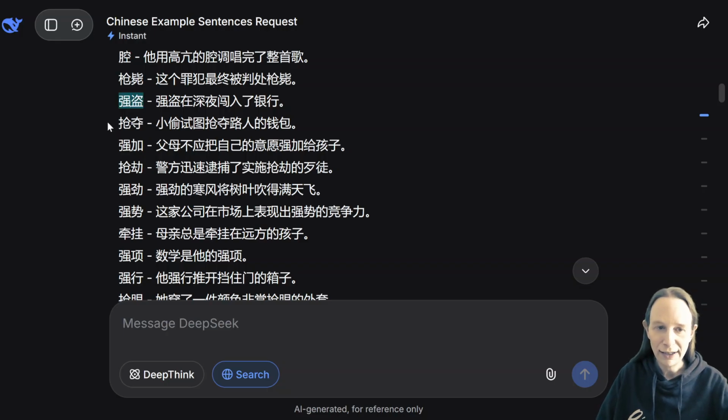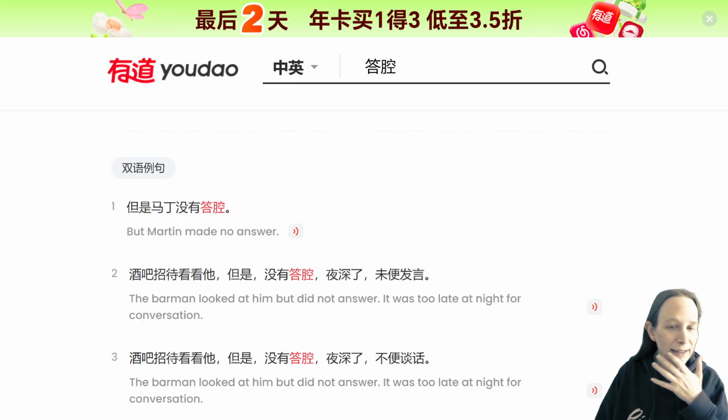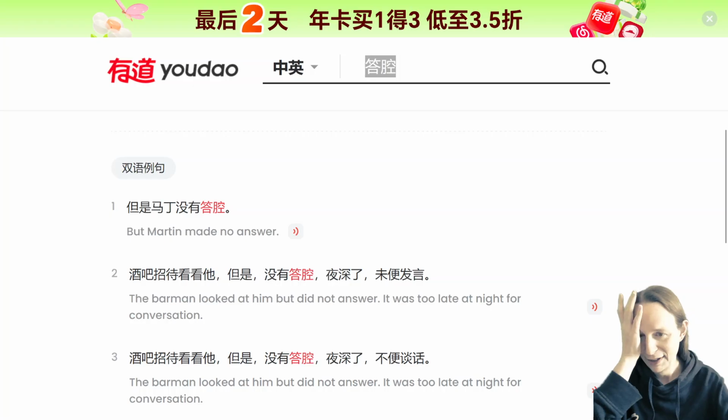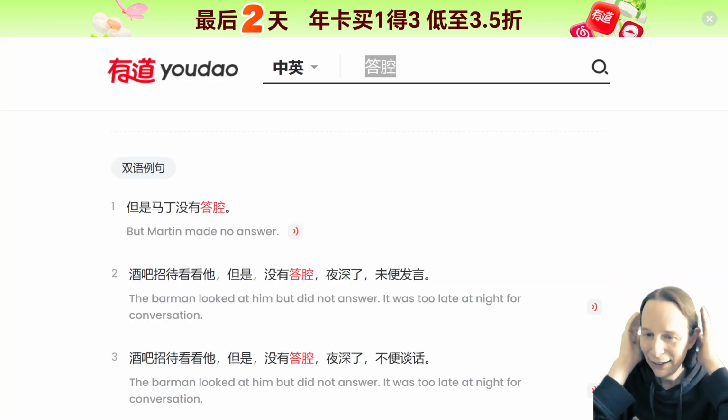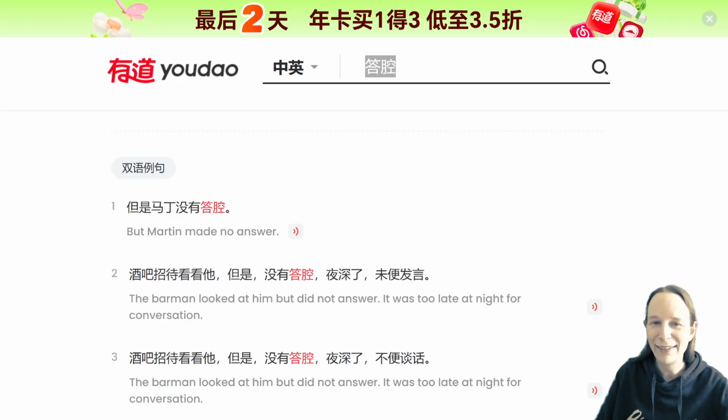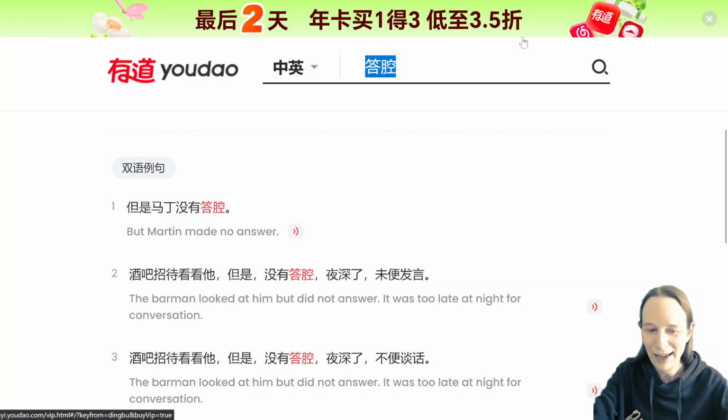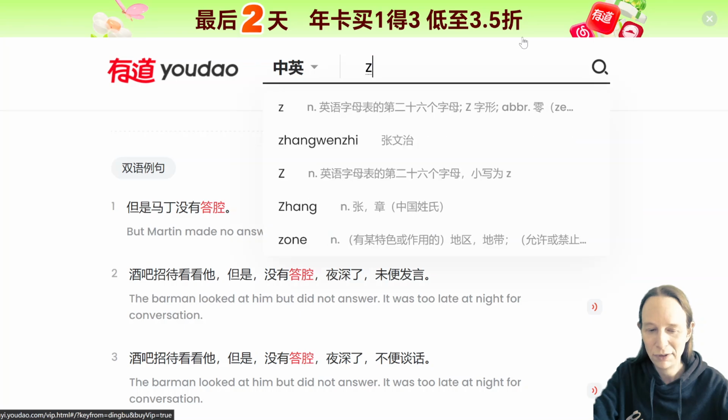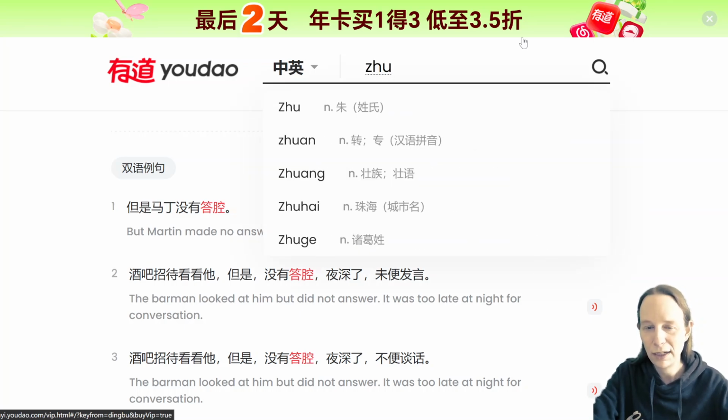强盗. 盗 refers to like piracy and stealing and things like this. What's the one? 盗 is it, sorry, something 耳 盗铃. I forget. What was the 成语? Is it 盗铃? 入耳?